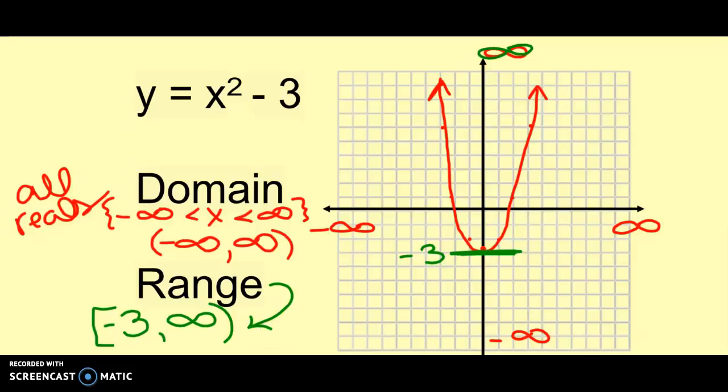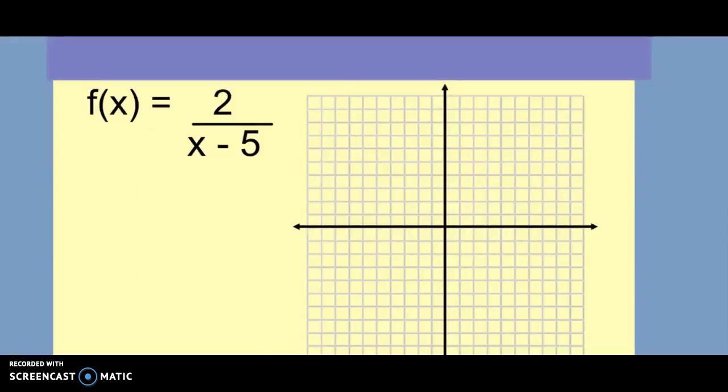All right, so let's go on and talk about something else. Now, what would be the domain of this? You can graph it, but you don't really have to graph it in order to look at it. This is really a rational function, and it means that it is moved to the right 5 spaces.